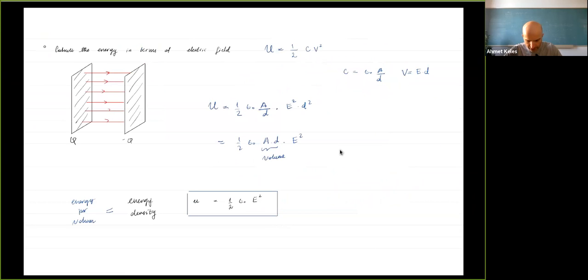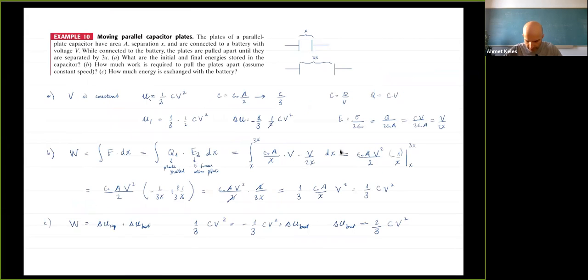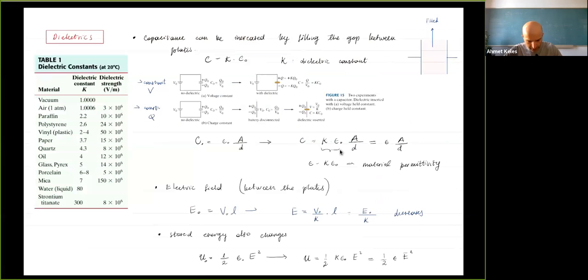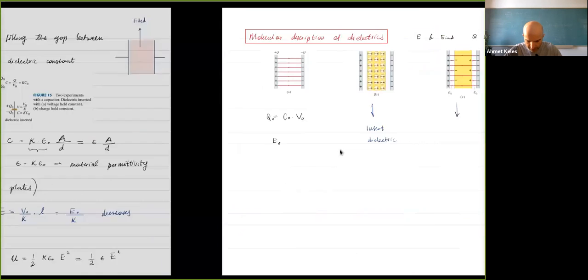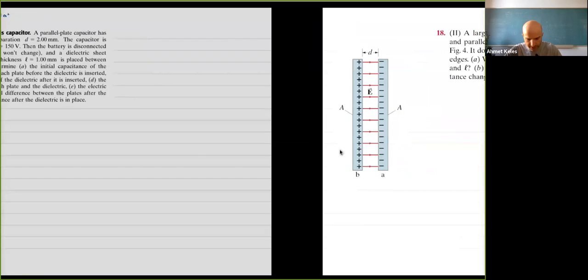And we said we could convert that electric energy to a form written purely in terms of the electric field. And from that, we found that the electric energy density is proportional to the square of the electric field. We solved some problems. We talked about dielectrics. And I think today I can solve some suggested problems.